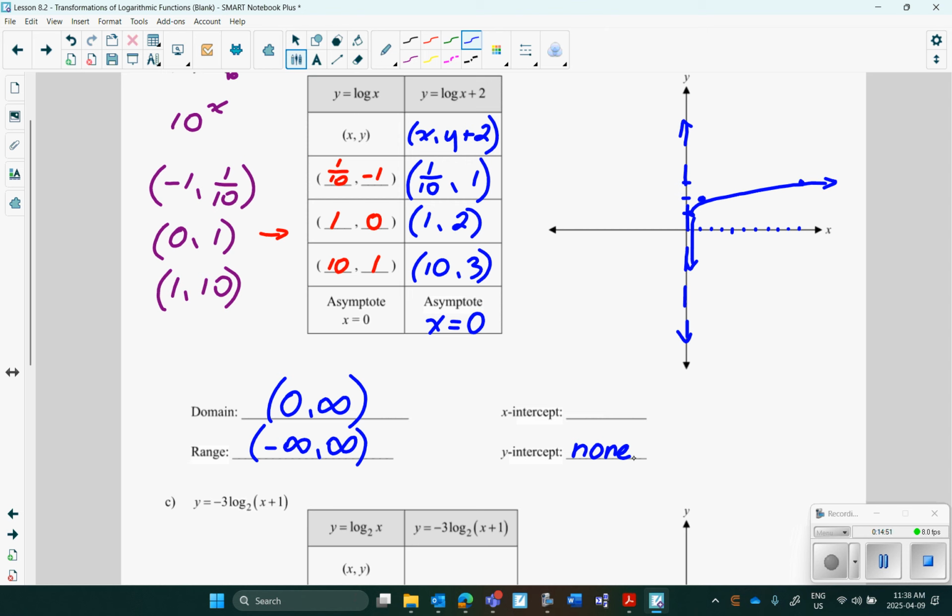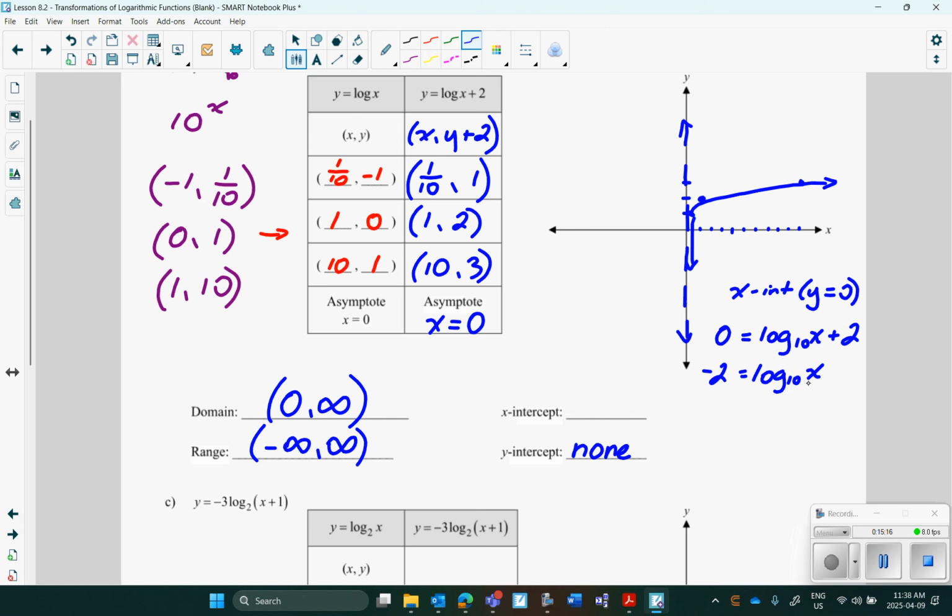Remember, to find the x-intercept, we make y equals 0. So therefore, we're going to have 0 equals log, and remember it's base 10, of x plus 2. Move the 2 over to get -2.